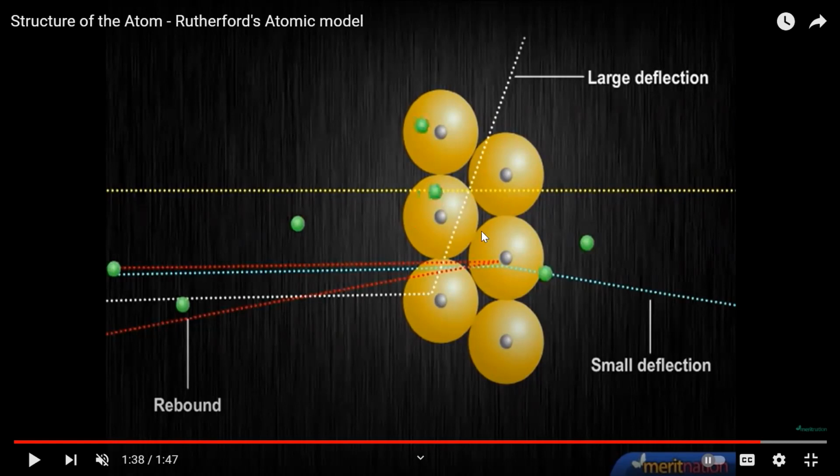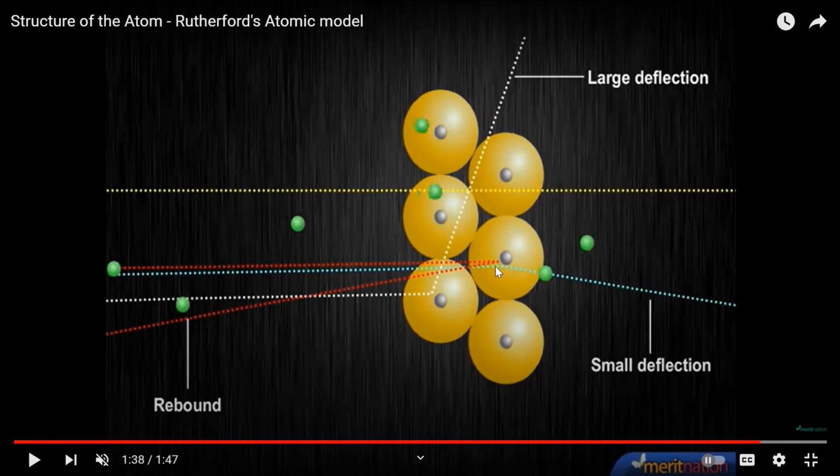The second thing they'll ask is, how do I prove that the nucleus is positively charged? The small and large deflections prove that the nucleus is made of a positive charge, because the start of the video said that these alpha particles are positively charged, right?